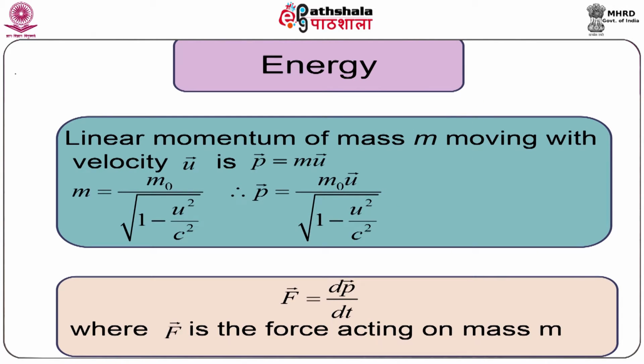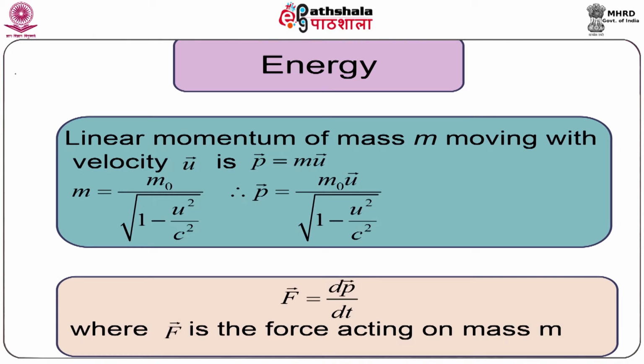This is the definition of linear momentum in non-relativistic mechanics. We know that the mass changes like this. Substituting this here, we get p vector is equal to m0 into u vector divided by square root of 1 minus u square divided by c square.